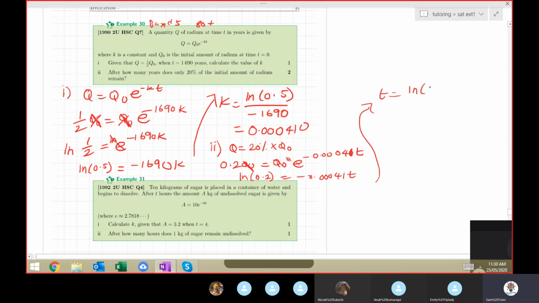T equals log 0.2 over negative 0.00041. Now, quick point about this. It's 3,924 years.